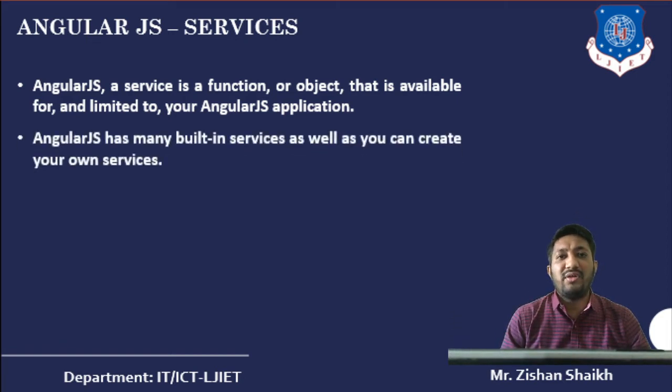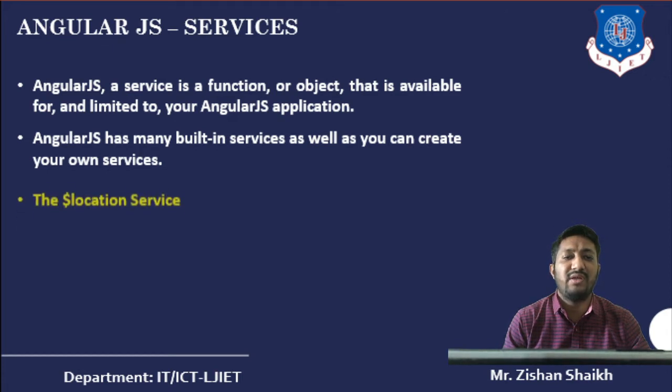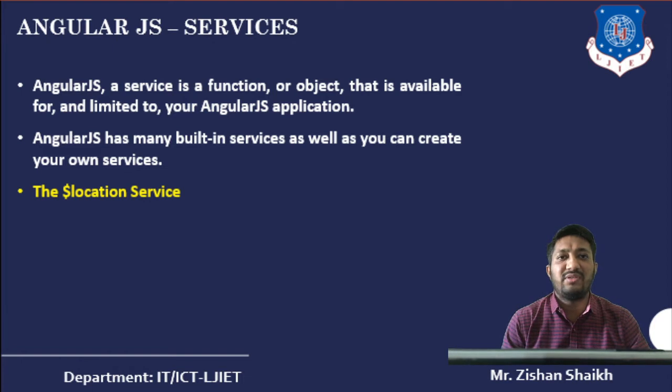Using these inbuilt services, you can create your own application, and you can also create your custom services. So what services are available? There are lots of services available. From those, the very famous and useful ones are the location service, which gives the absolute path of our particular web page.